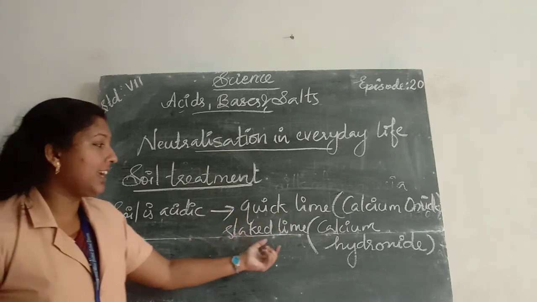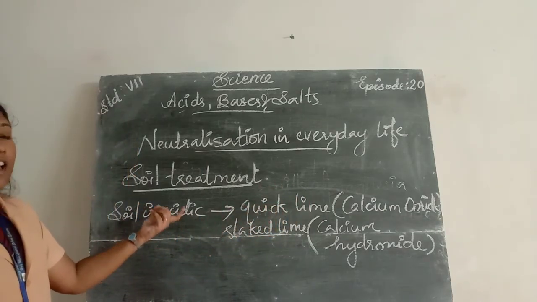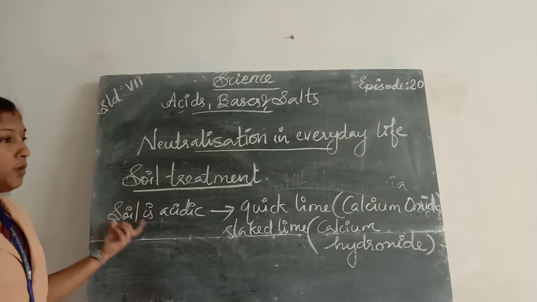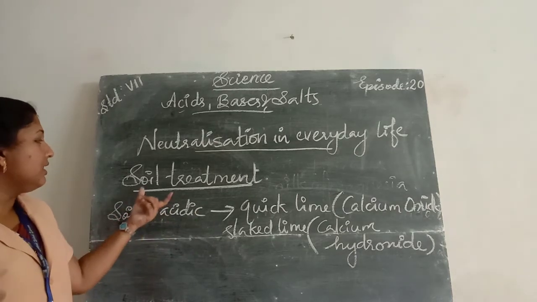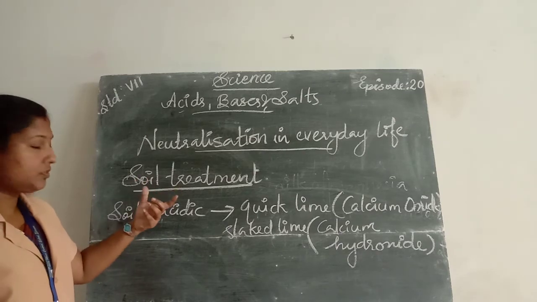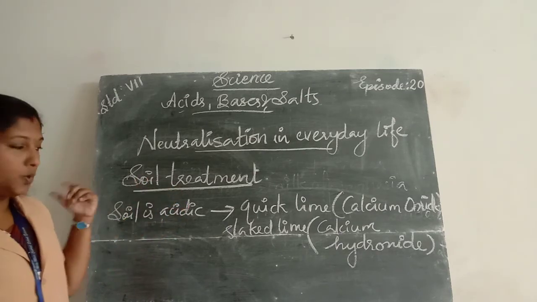Quick lime and slaked lime are bases. So these bases neutralize the acidic nature of the soil. Then the plants grow in that soil.